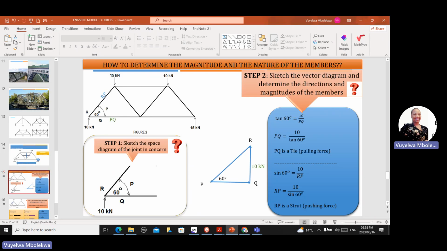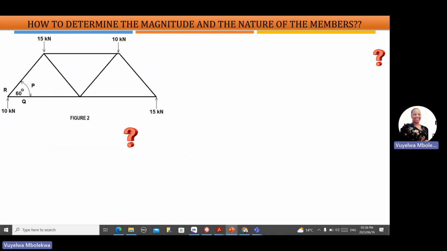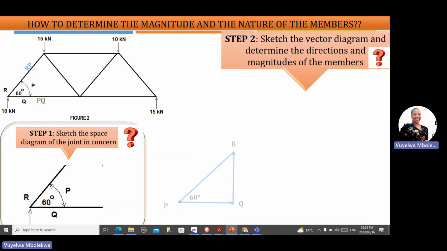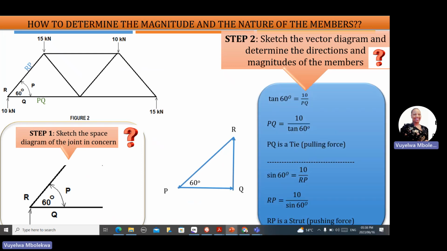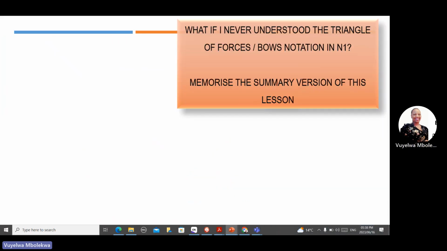Okay, I was reluctant to show this because this is not a proper method, but I think I can show it for those that did not understand Bow's notation in N1. What if I never understood the triangle of forces or Bow's notation in N1? Then you're going to have to memorize the summary version of this lesson.